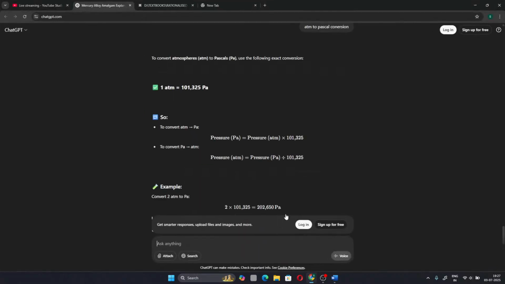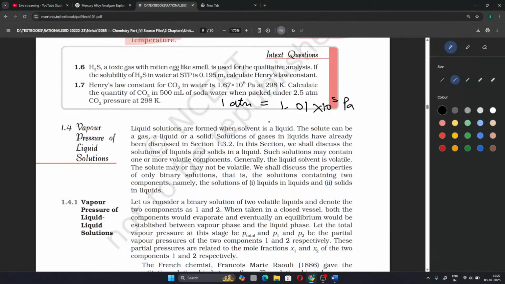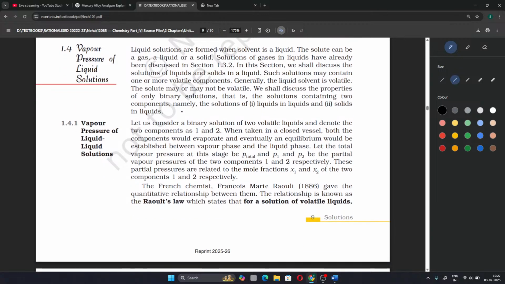I multiplied it, so we should actually divide this by 10 power 3. So it will be 1.67 into 10 power 5 atm. Using P equals kH times mole fraction, we will get the answer.